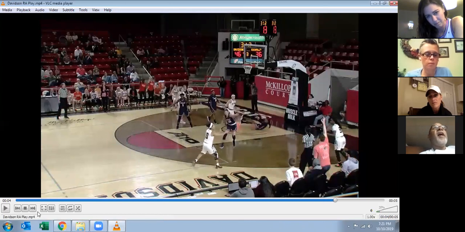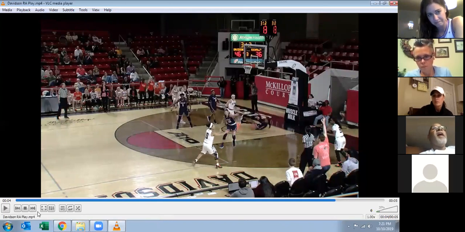Donna, what do you think? Well, for this year's rules, that'll be a block. So that second line, that would have been the charge because she was outside. The larger line or the interior line? The larger line, it'll be a block because now she's established inside.